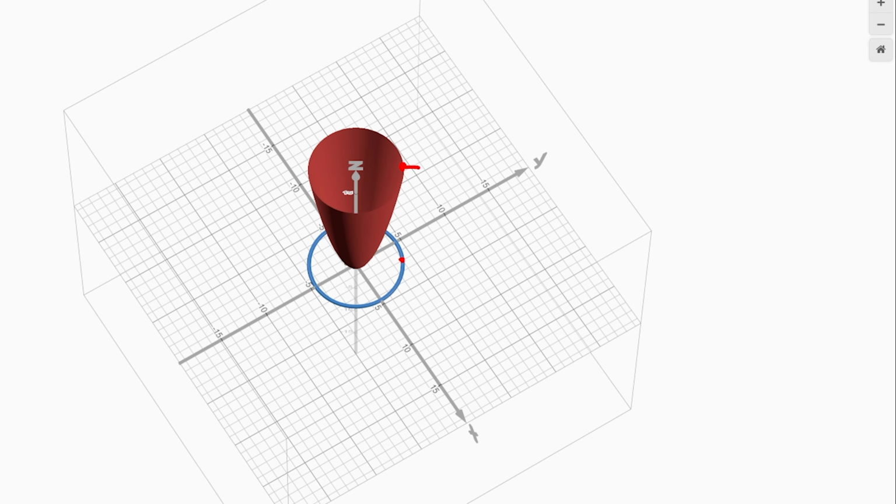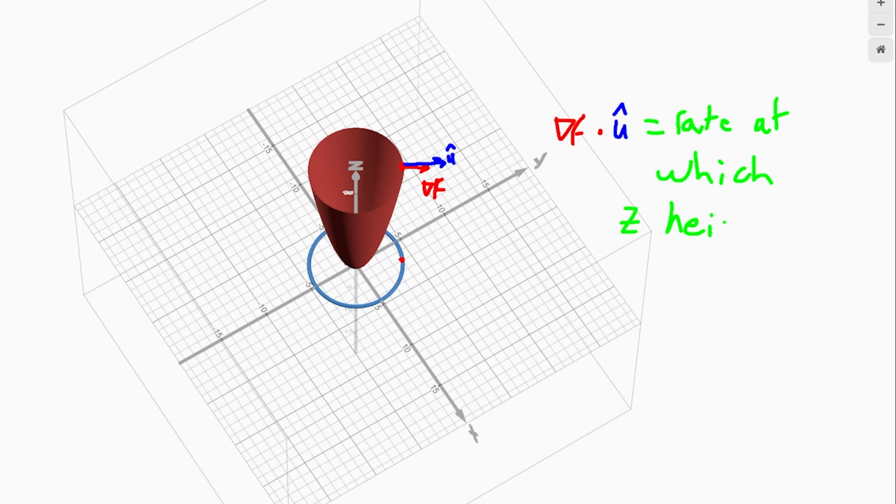So grad f was pointing this way in 2D in this level curve, and if we go this direction, u, and dot product the grad f by u, we will get the rate at which z height will increase on that path.